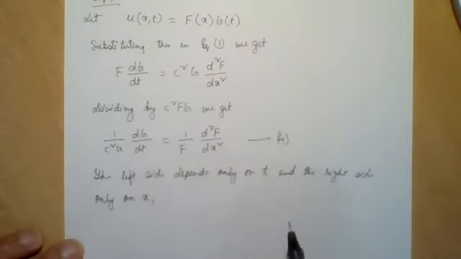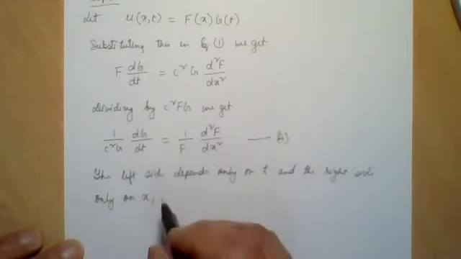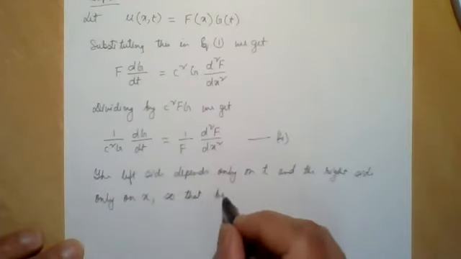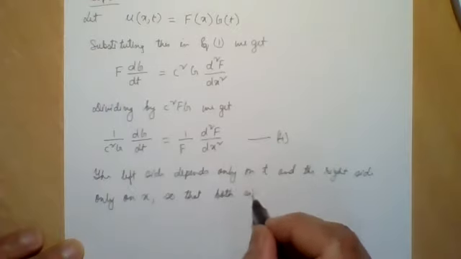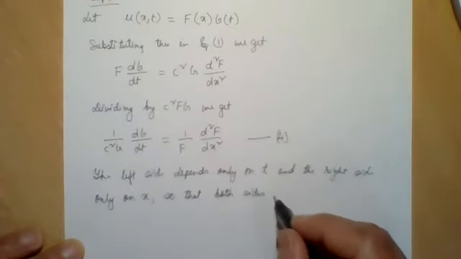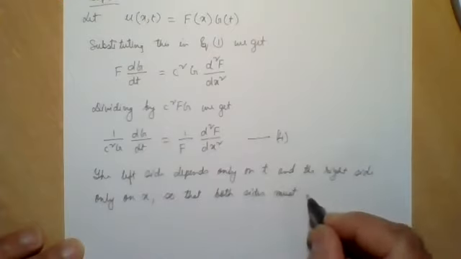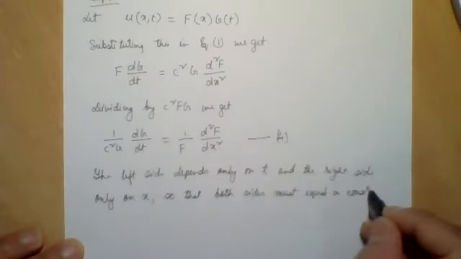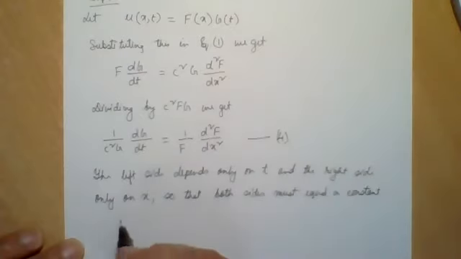That means both sides must be equal to a constant. Let us call it constant k.